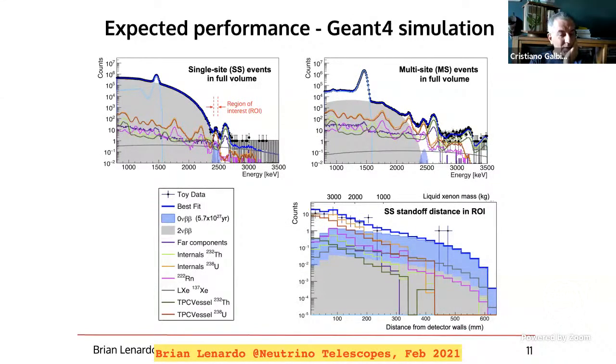That peak is dominated by the orange component, which is internal uranium-238, and by the uranium-238 in the TPC vessel. And it is exactly in the region of interest, exactly where you expect the signal from xenon 136. So it's this, and of course radon, which also produces a signal in that region.